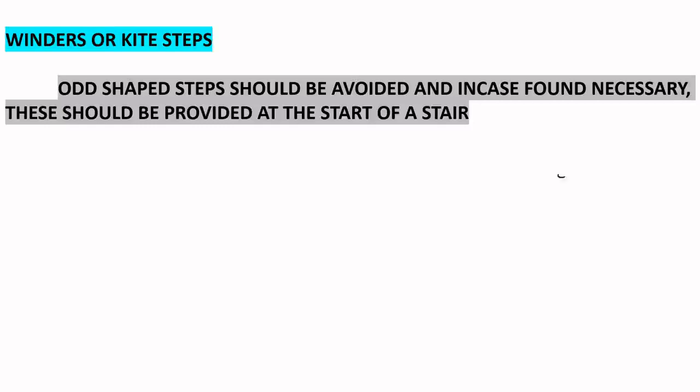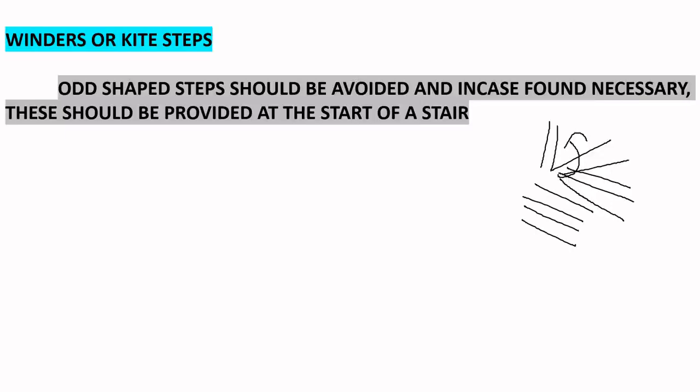Now winders or kite steps. You all know, when there is a change in direction, we cannot go for perfectly rectangular steps. That is called winders, and these winders are odd shaped, meaning they are not rectangular.